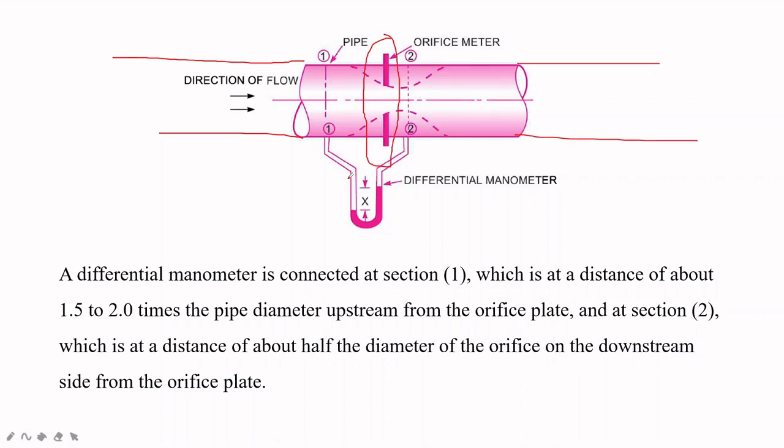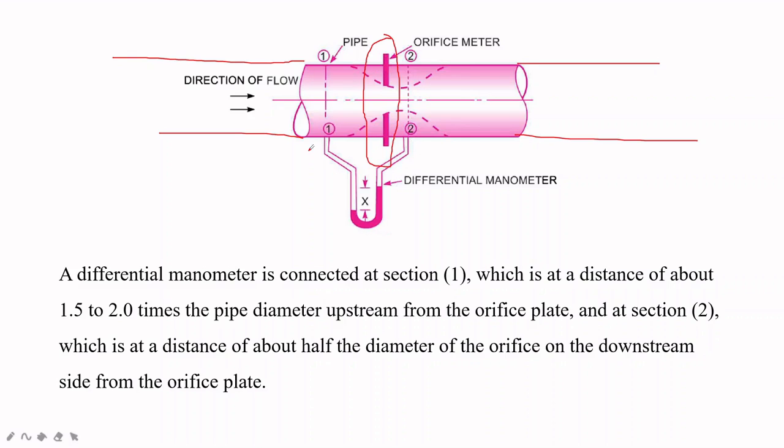A differential manometer is connected at section 1, which is at a distance of about 1.5 to 2 times the pipe diameter upstream from the orifice plate, and at section 2, which is at a distance of about half the diameter of the orifice on the downstream side from the orifice plate. The plate is nothing but this orifice meter only.